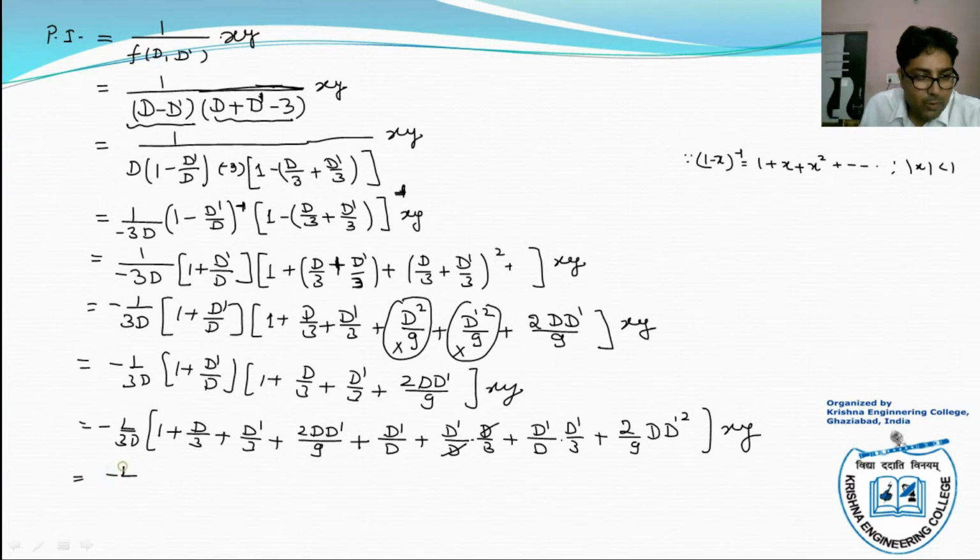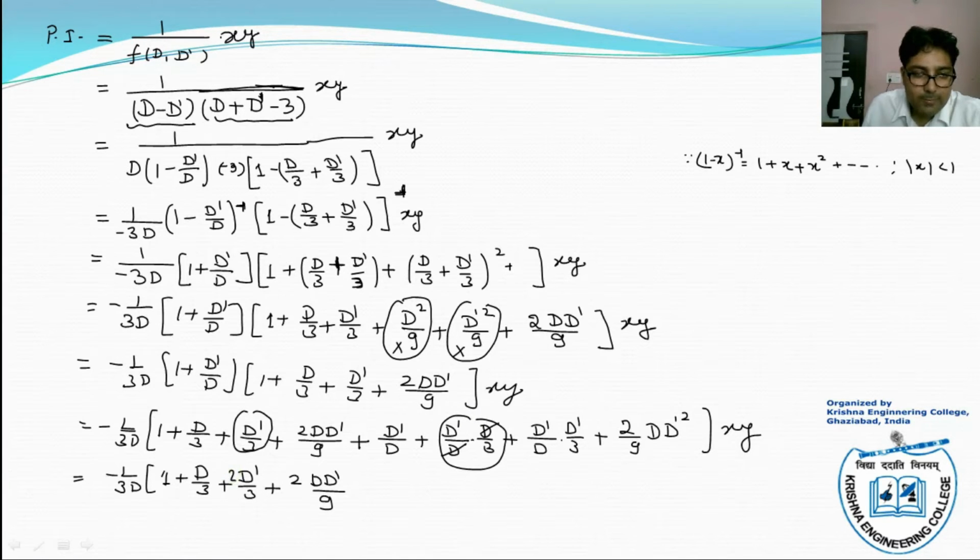So now we write it as 3D, 1 plus D by 3 plus D dash by 3 plus 2DD dash by 9. The D dash by 3, there are two terms, D dash by 3 here and D dash by 3 here. So this becomes 2D dash by 3, right? Plus the term D dash by D plus D dash square by 3D plus 2 by 9 D dash square.